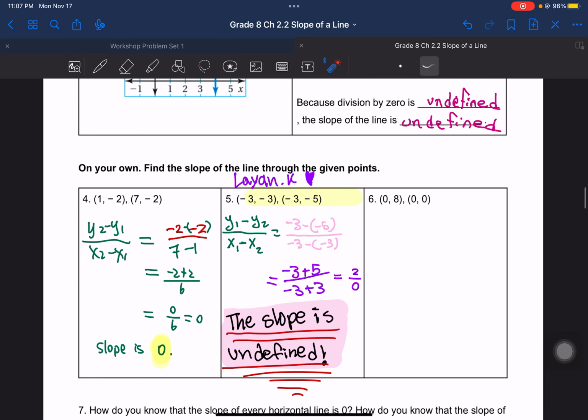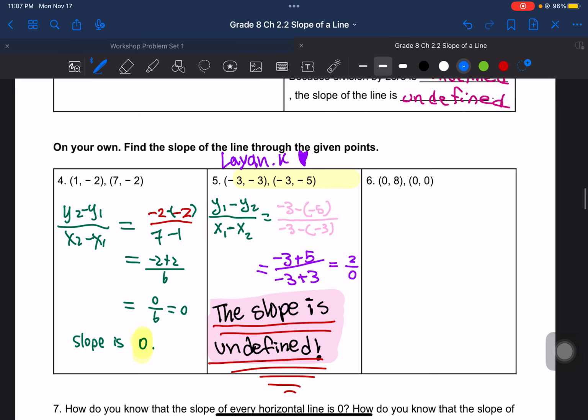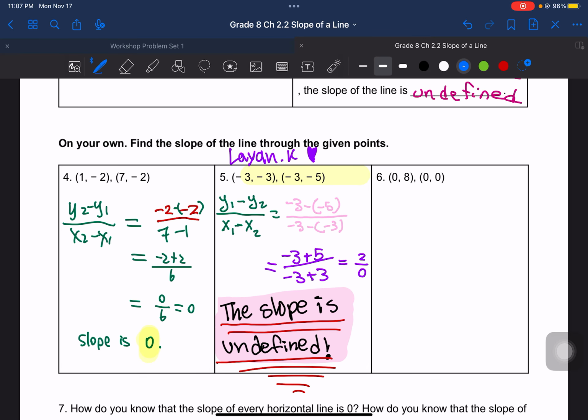We just find the slope, which is y1 minus y2 over x1 minus x2. But of course, you can also do y2 minus y1 over x2 minus x1. So you can always do the inverse and it won't affect the answer.